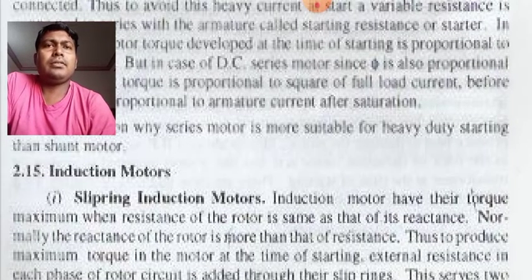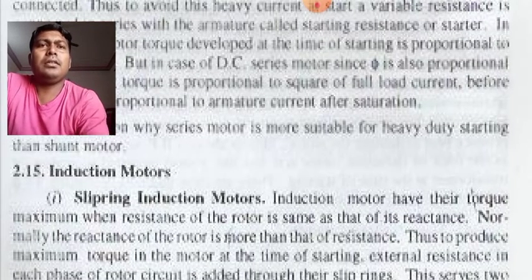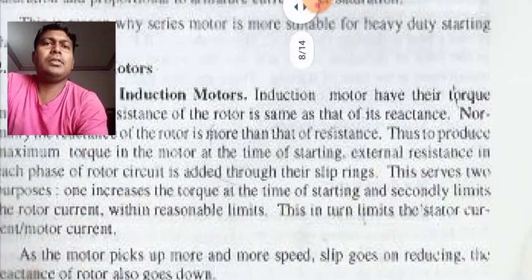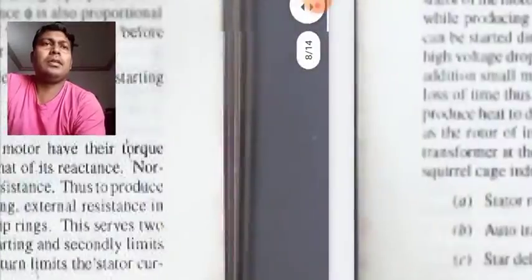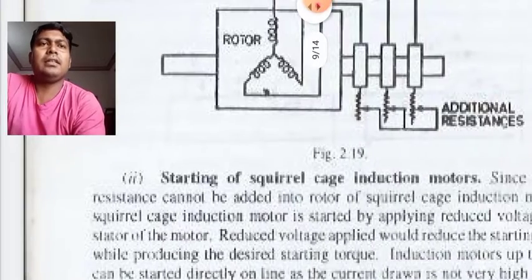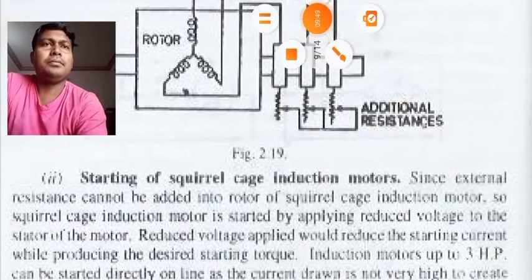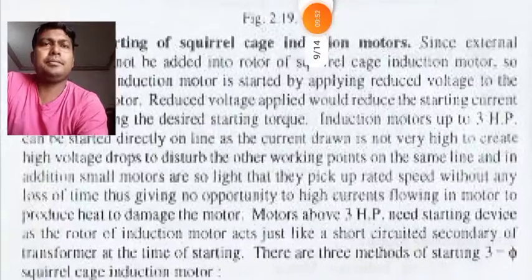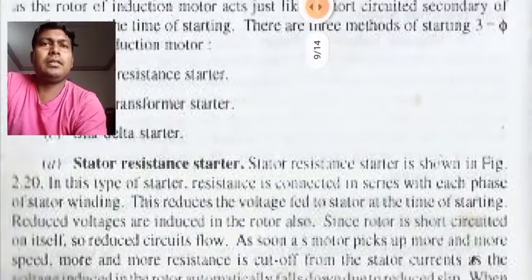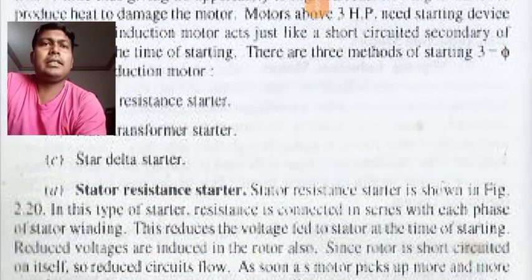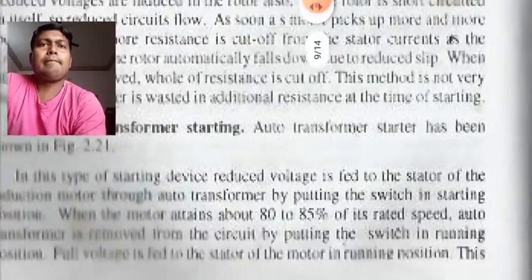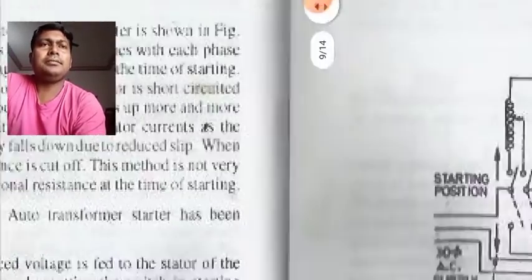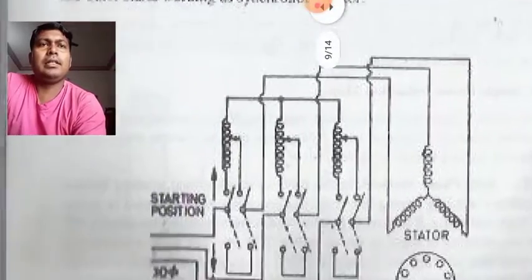Now in our next class, students, we will discuss induction motors, that is, the slip ring induction motor. We will also discuss other motors, such as the starting of the squirrel cage induction motor, and of course the stator resistance starter and auto transformer starting with their connection diagrams.